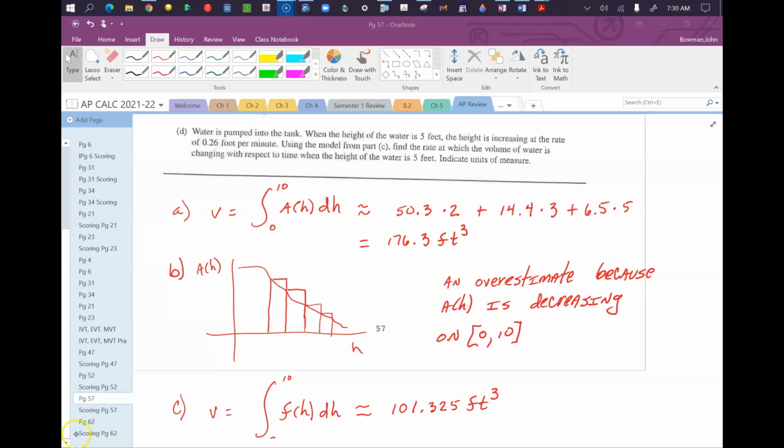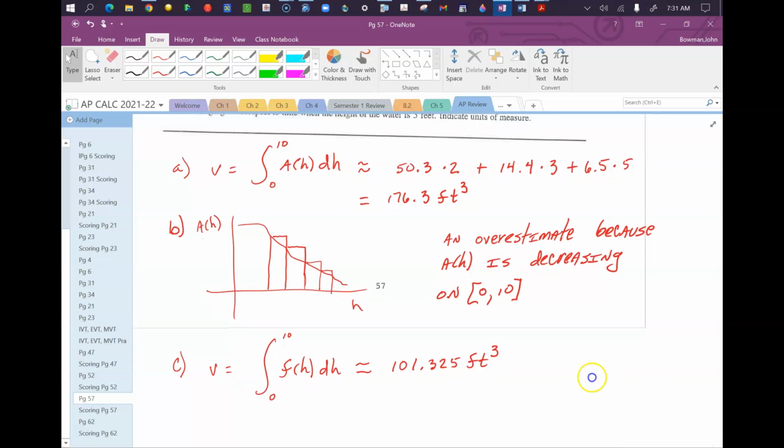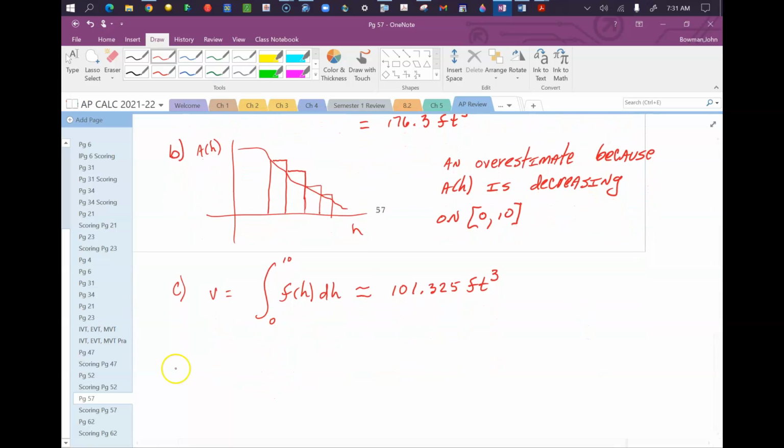Indicate units of measure. Our model from part C tells us that volume is a function of height. So V is equal to the integral from, in that we did 0 to 10 of f of h dh. What we're going to do is 0 to h of f of x dx. We're using a dummy variable here because the volume depends on the height.